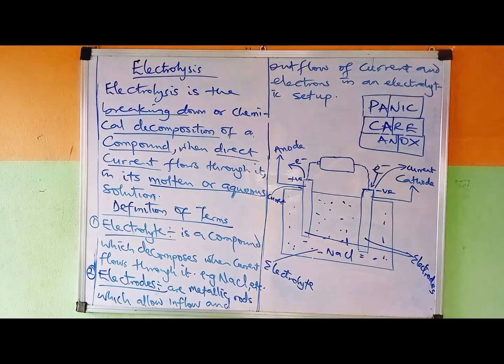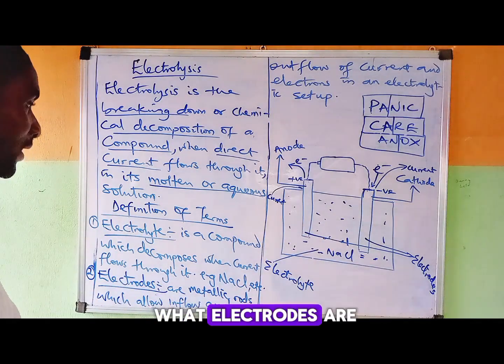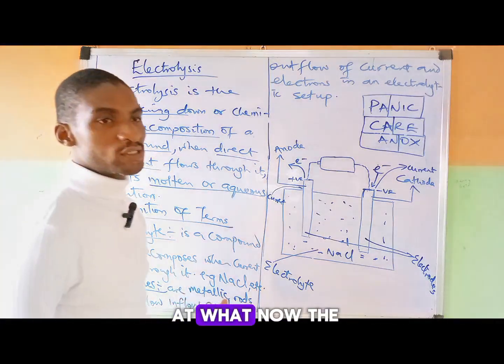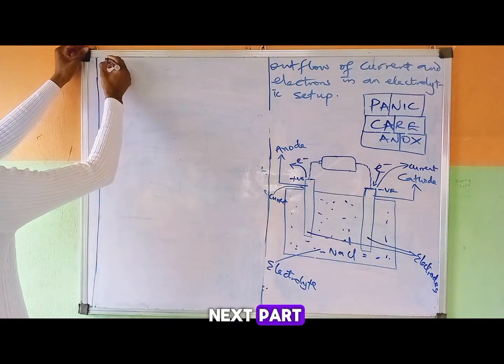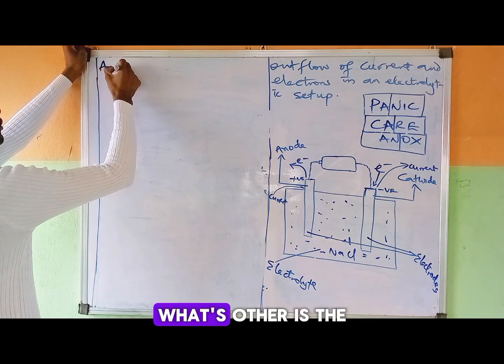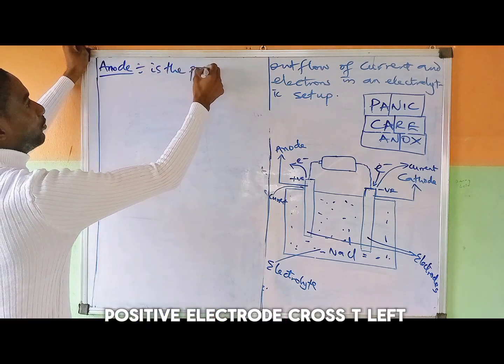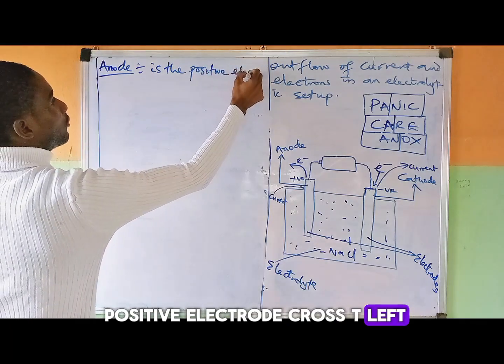Alright, now let's look at the other terms. We have looked at what electrodes are. The next term we want to look at is the anode. What is the anode? It is the positive electrode.